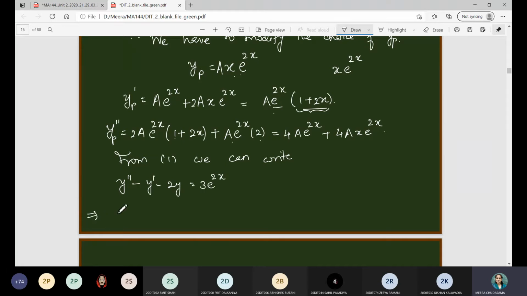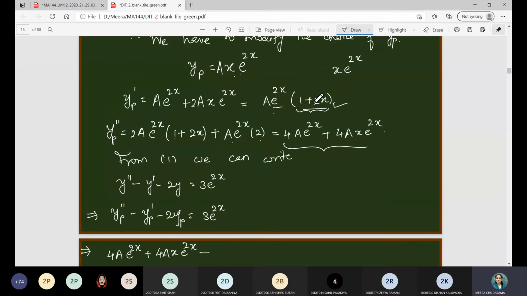So implies yp double dash minus yp dash minus 2yp is equal to 3 e raised to 2x. So here let us substitute these values. So yp double dash is this one, 4a e raised to 2x plus 4a x e raised to 2x, minus yp dash, that is this one.